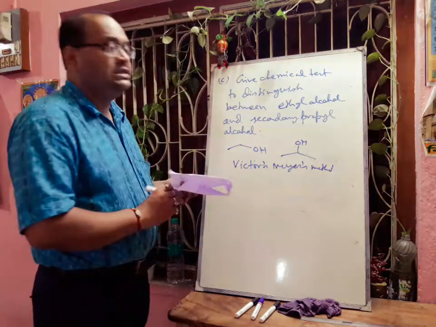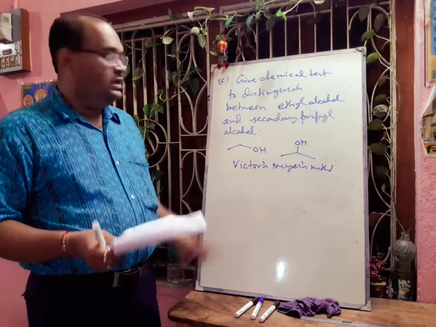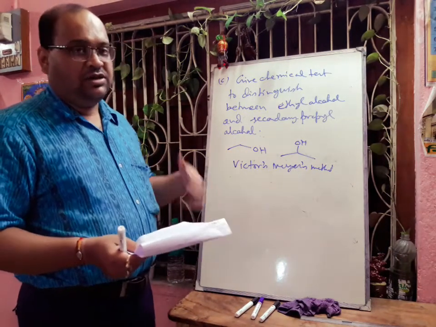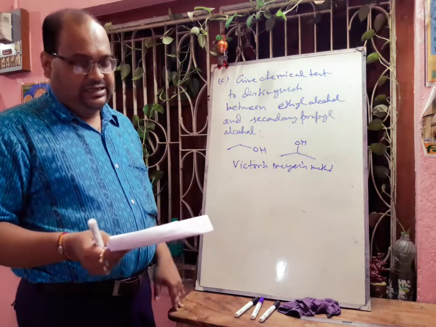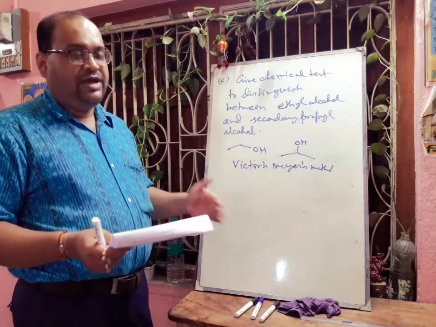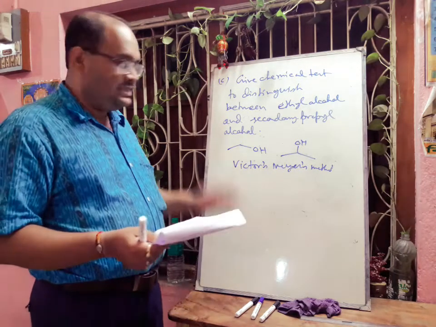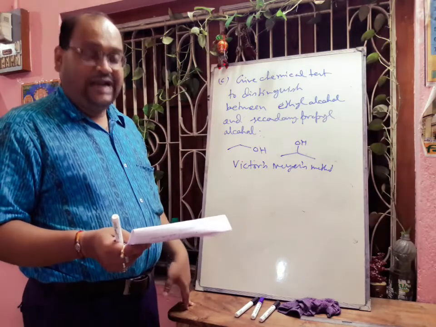In the first step, we have to give phosphorus and iodine. Then it will convert into the corresponding iodide. Then we have to use silver nitrite, that will form the corresponding nitro compound. Next, if we add nitrous acid, in case of this primary alcohol, it will form nitrolic acid.